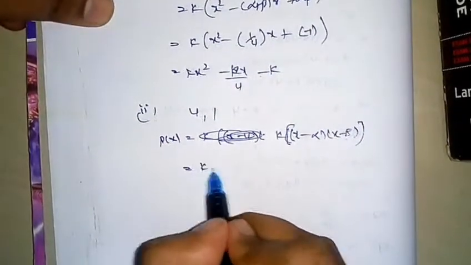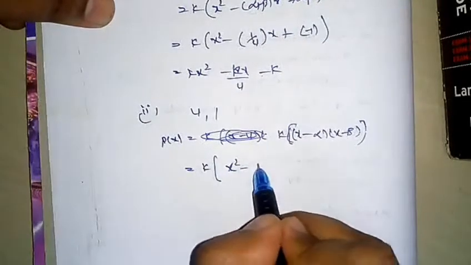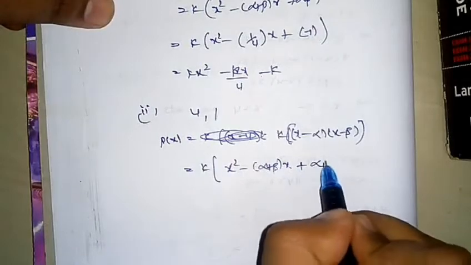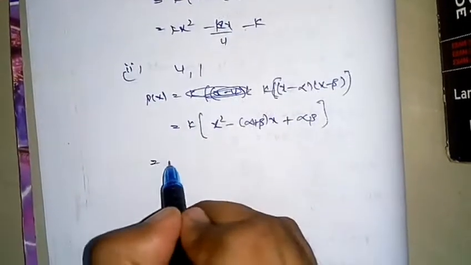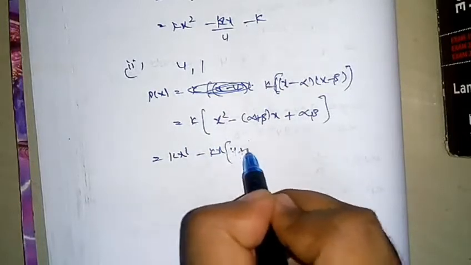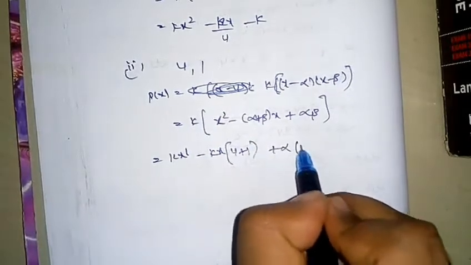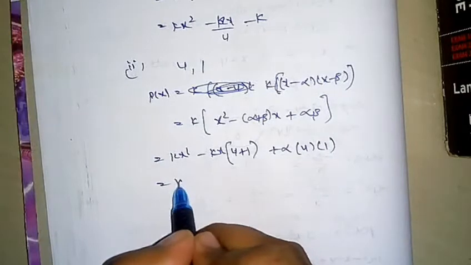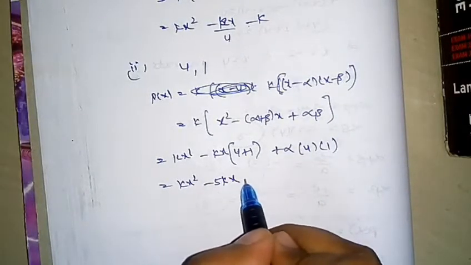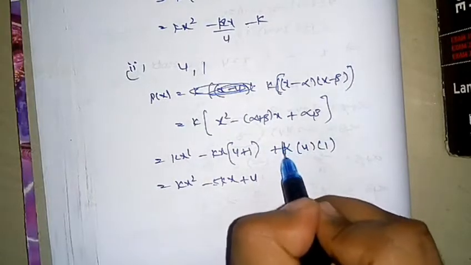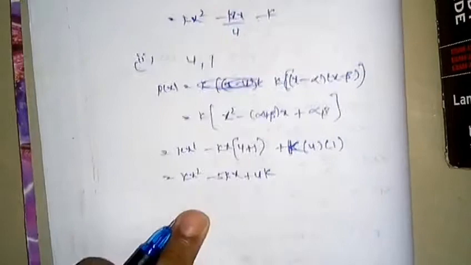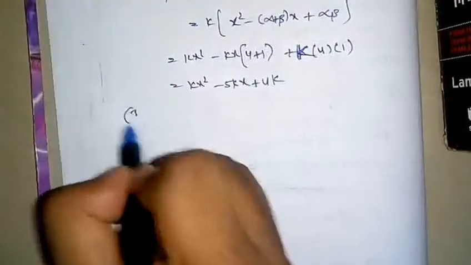So this will be equal to k times of x square minus alpha plus beta of x plus alpha beta, which will be equal to kx square minus kx into alpha plus beta is 4 plus 1, plus k into 4 into 1, which is equal to kx square minus 5kx plus 4k. This is a polynomial.